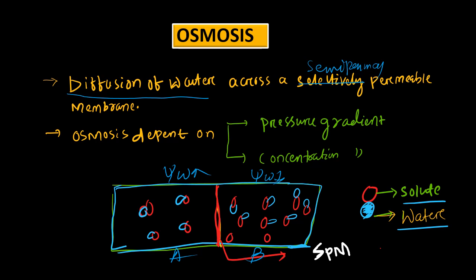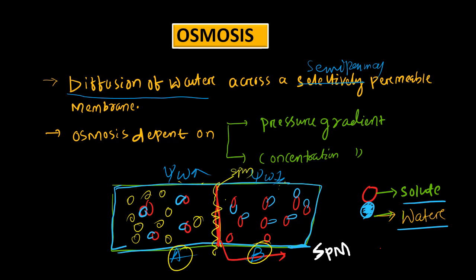So let's consider a vessel, with sides A and B. A has higher water potential and B has lower water potential. Why? Here there are more water molecules and fewer solute molecules, and we place a semi-permeable membrane.